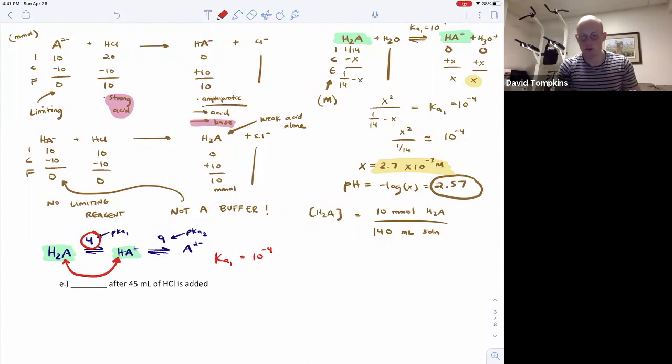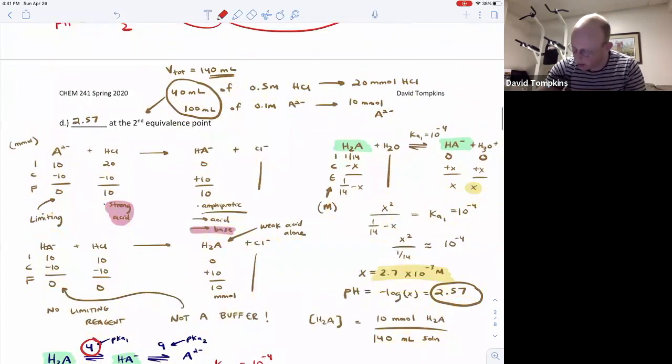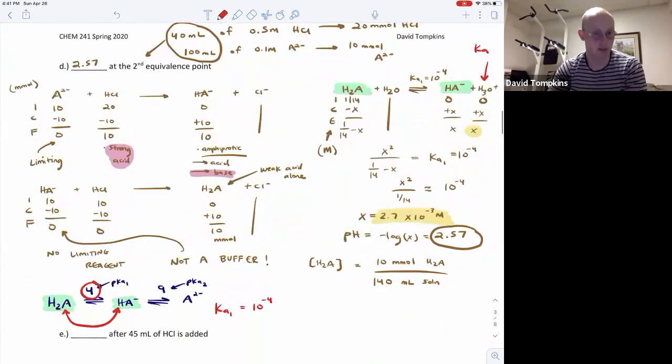But you always write out your equation, and then you determine which two species do I have, and use the equilibrium constant between them. Okay, I know it's going to be a Ka because I have hydronium in the equation. If you had hydroxide in the equation, then you would use the Kb that's between those two.